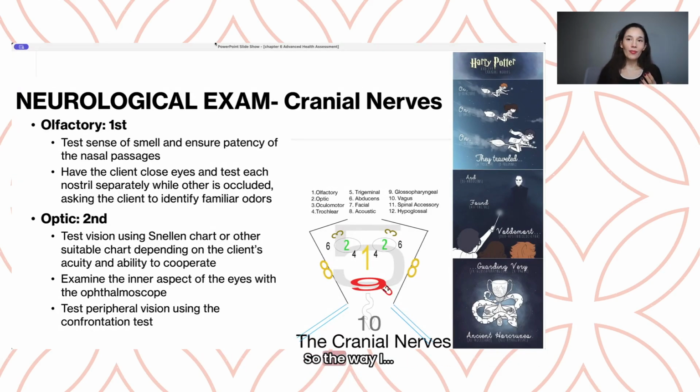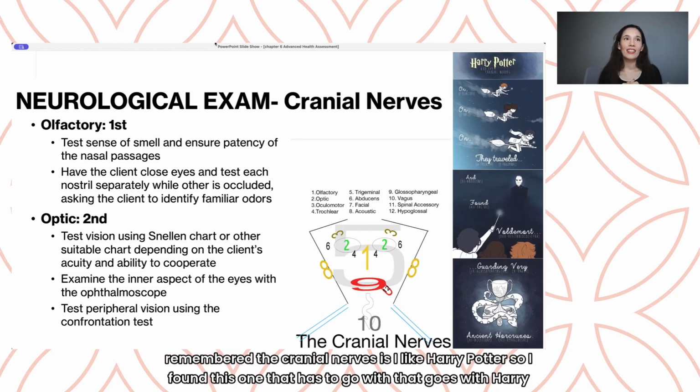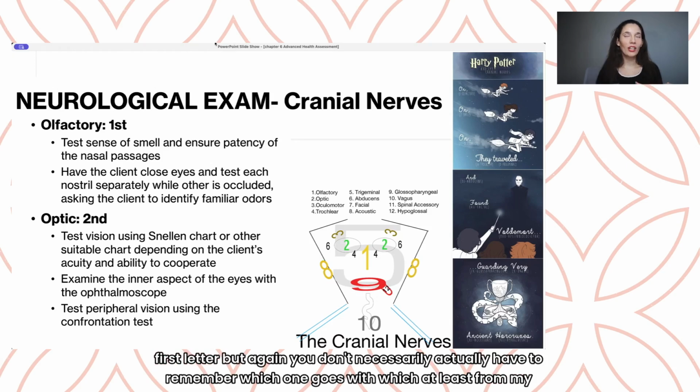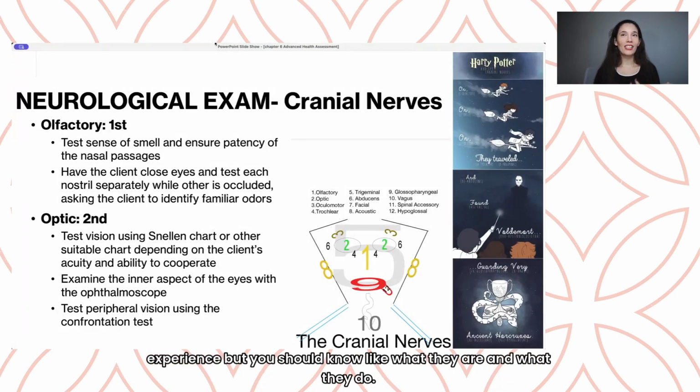The way I remembered the cranial nerves is I like Harry Potter, so I found this phrase that goes with Harry Potter. If you remember this little phrase, it will tell you which one goes with which, somewhat. It will give you the first letter. But again, you don't necessarily have to remember which one goes with which, at least from my experience.